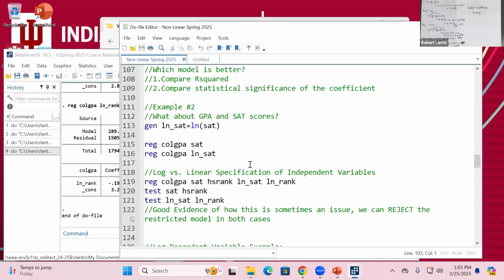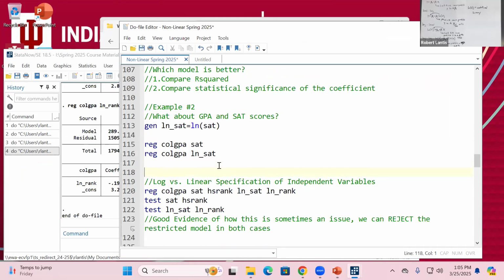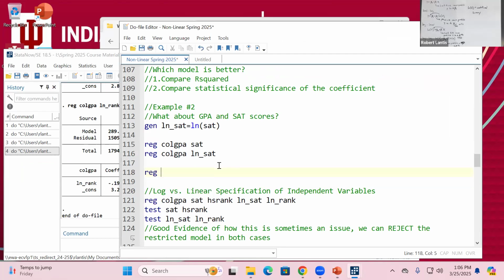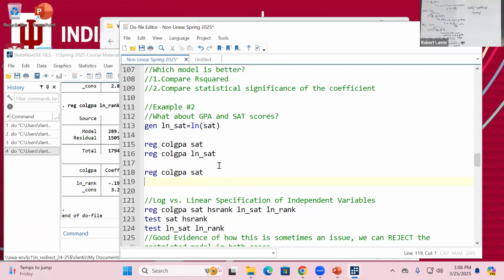So what if instead I think that I should be using the percentage change in college GPA, right? Compared to that linear or level model, maybe I want to take the natural log of college GPA, but keep using the level of SAT score.